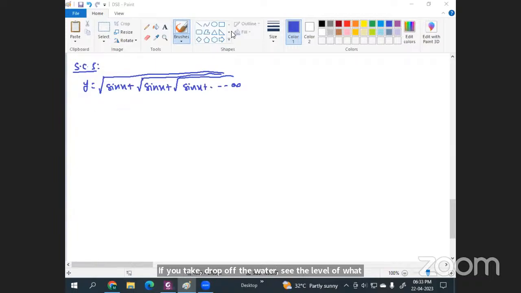No. Right. Suppose if you put a drop of water in the ocean, can you see any increase in the level of water?